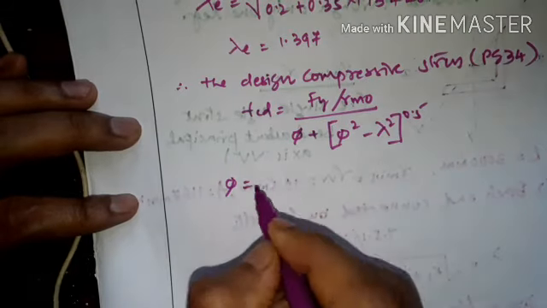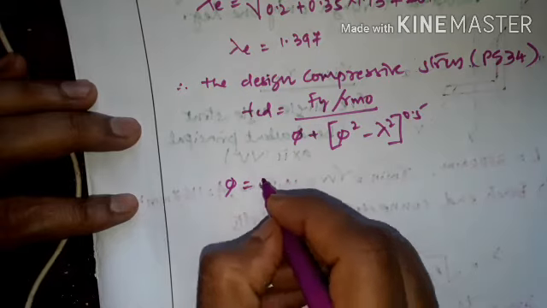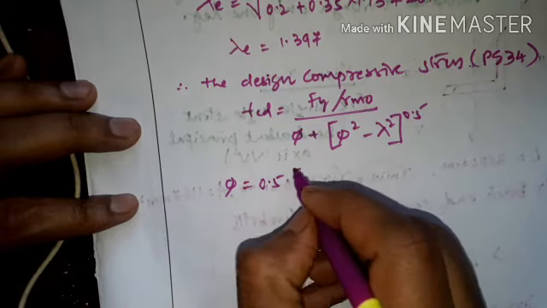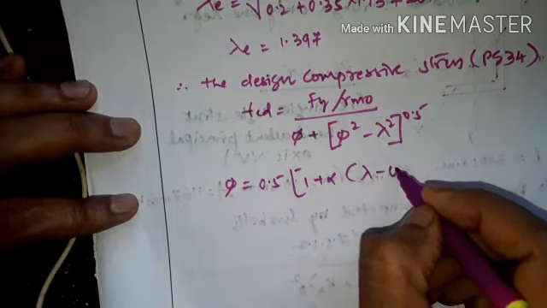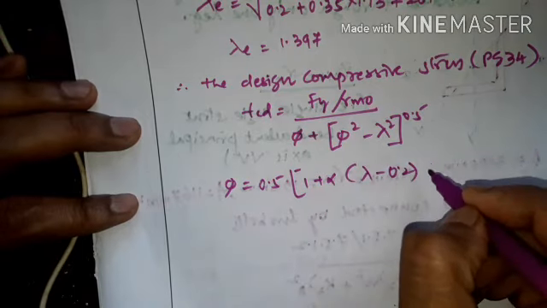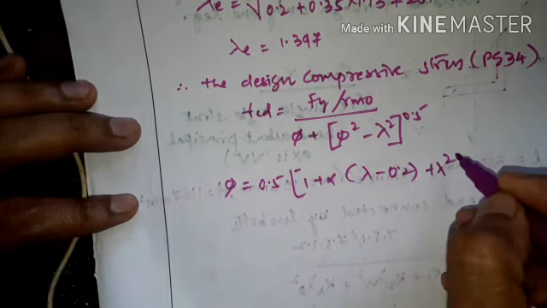So we will calculate phi. The value of phi is given as 0.5 into bracket of 1 plus alpha into lambda minus 0.2, plus lambda square.